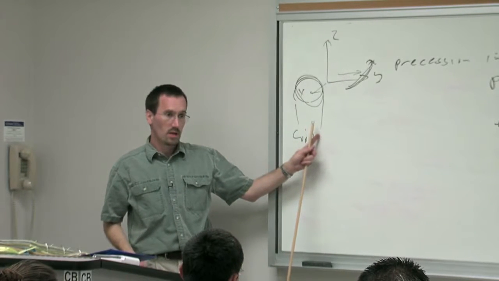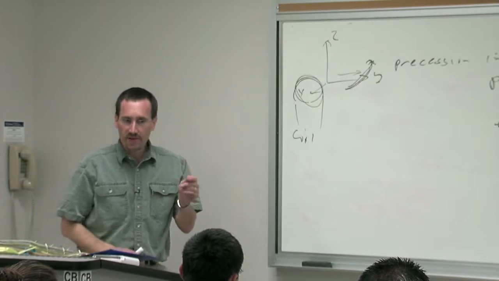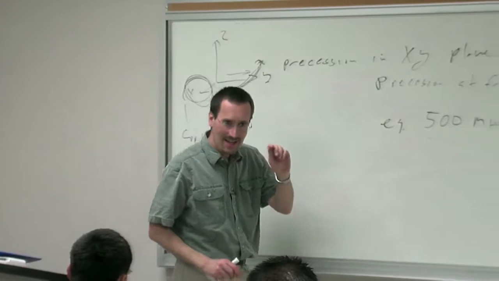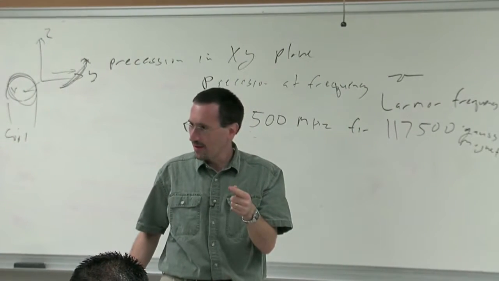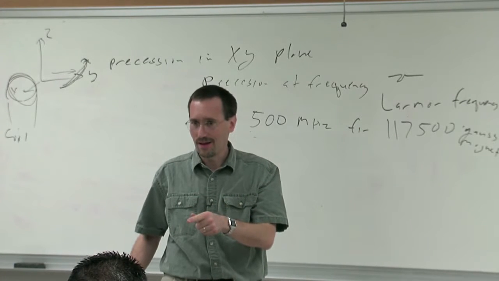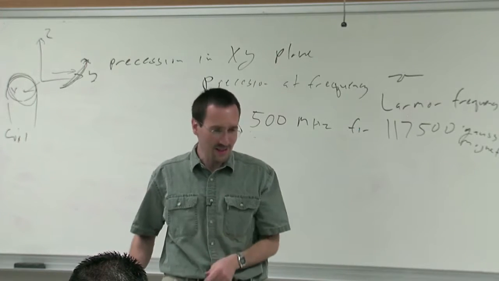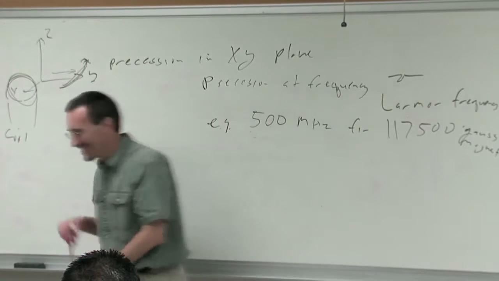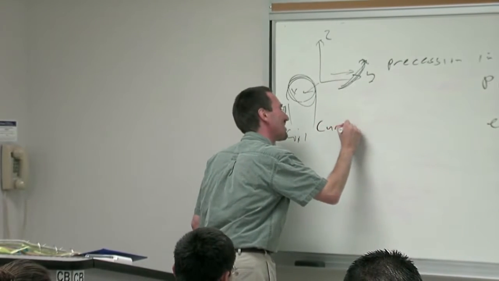Anyone ever done this as a kid, where you take a magnet and you spin it in a coil? Oh yeah, it creates an electric current. Yeah, we get a current in the coil.